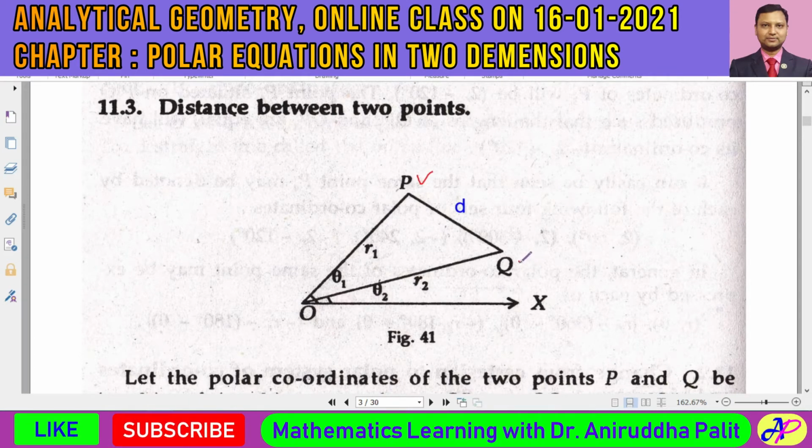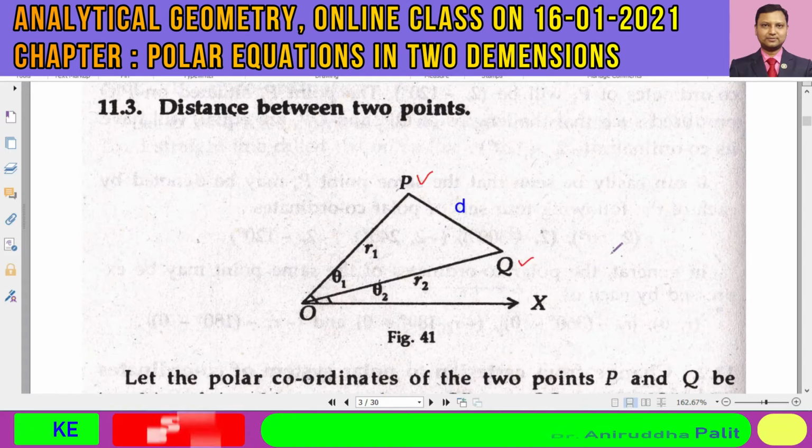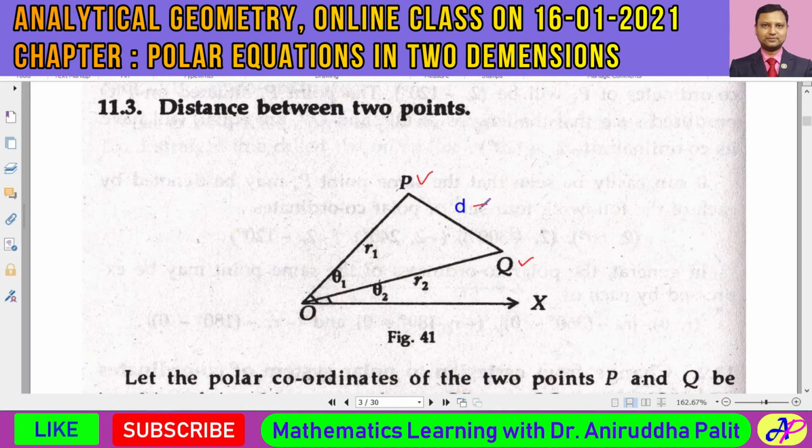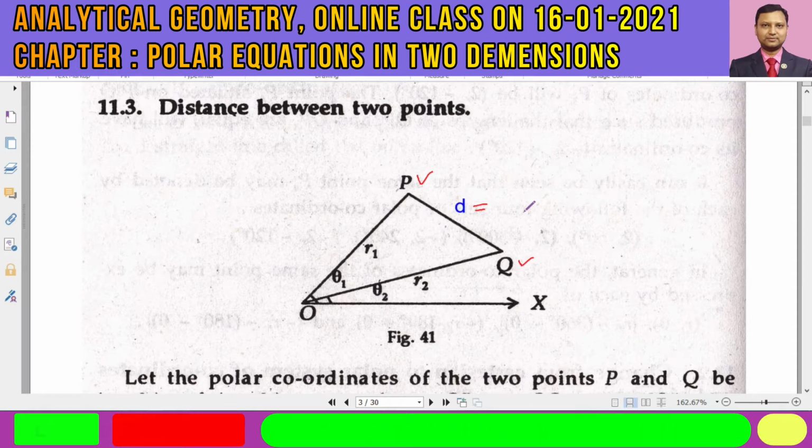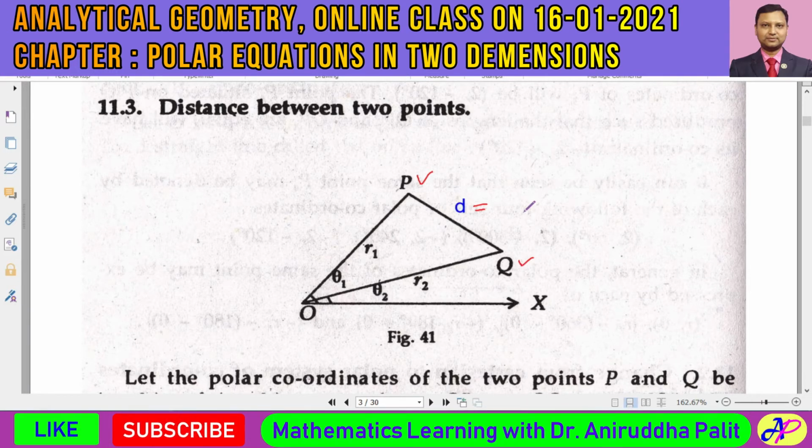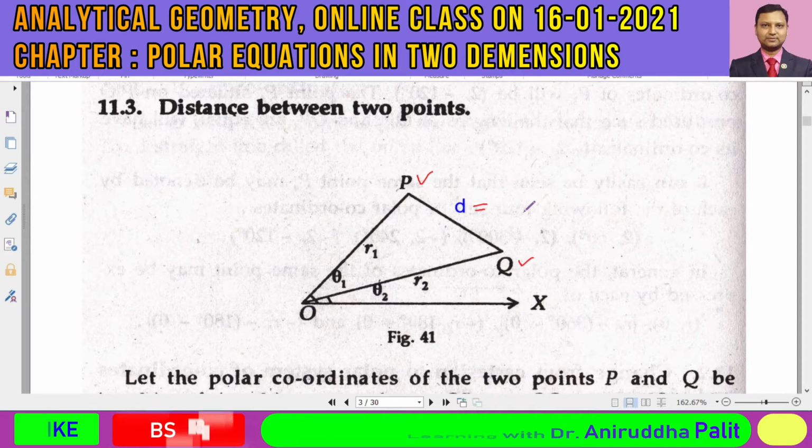The point Q may have the coordinates x2, y2. Then you got the formula to find out the distance between P and Q. That was the formula for distance, and that was the idea in case of Cartesian coordinates.